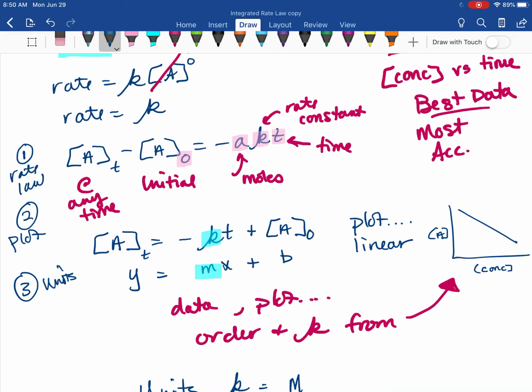All right, let's do the same thing for first and second order, but hang on a second. I put a little trick in there. Did anybody catch it? Where did my moles go? Almost everywhere you read in general chemistry textbooks on integrated rate law, they skip the moles. Moles are not skipped. Moles are still in there. They are doing a simplification for you that is making your life much easier, and they're just not telling you, but they are choosing examples on purpose where your moles are 1.